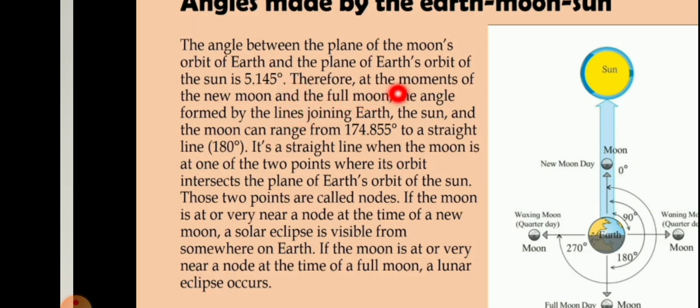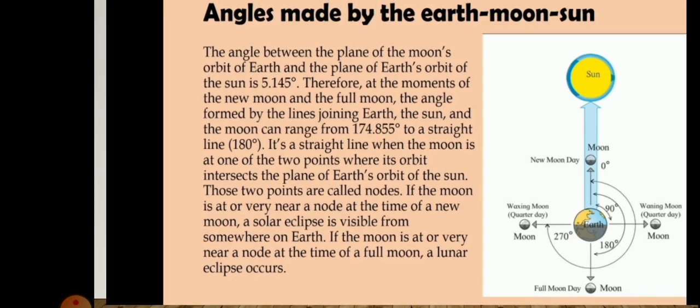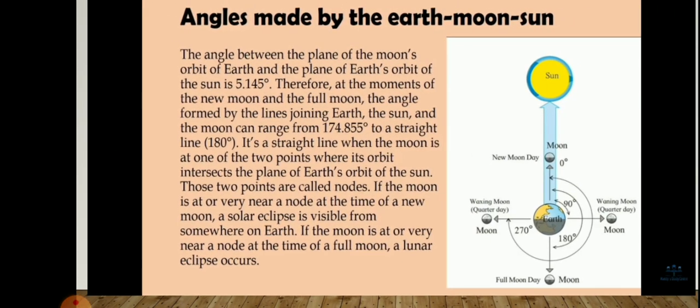Therefore, at the moments of the new moon and the full moon, the angle formed by the lines joining earth, the sun, and the moon can range from 174.855 degrees to a straight line of 180 degrees.